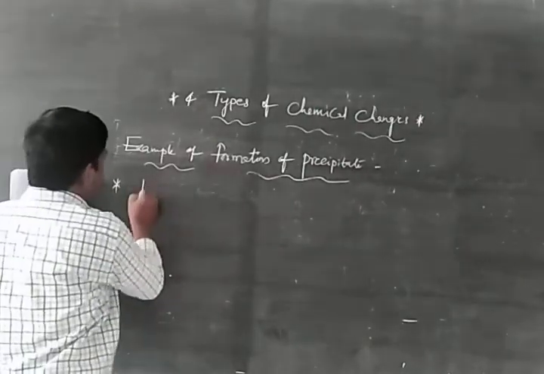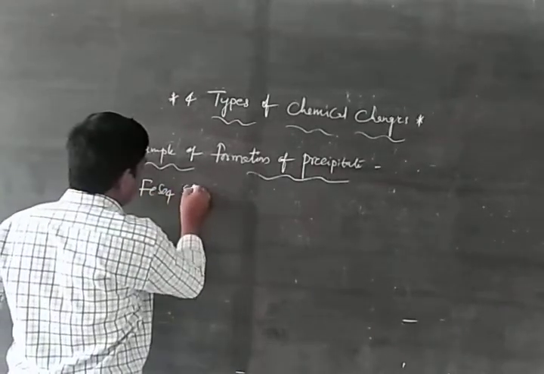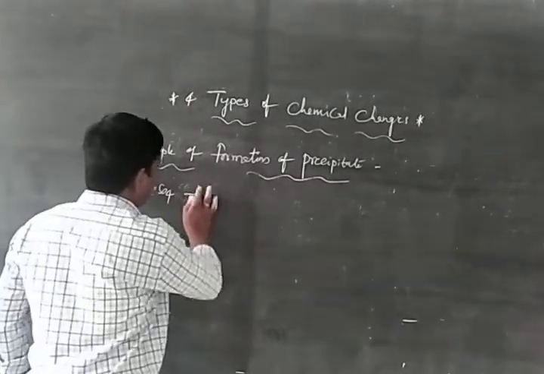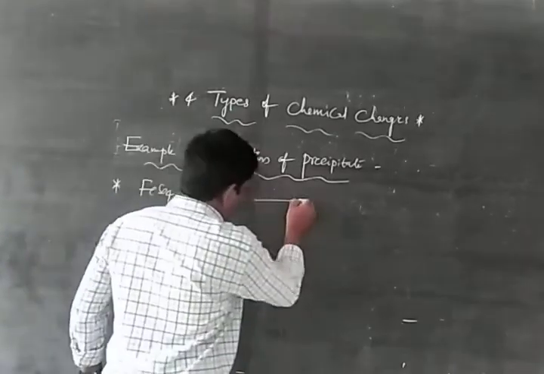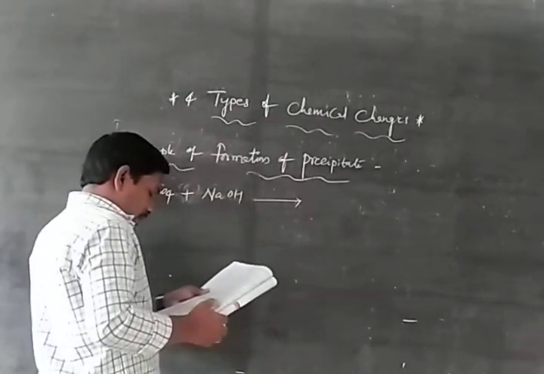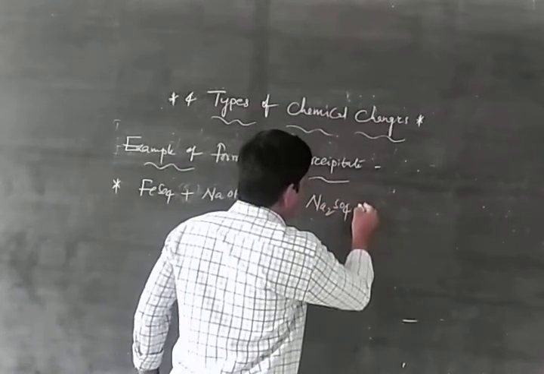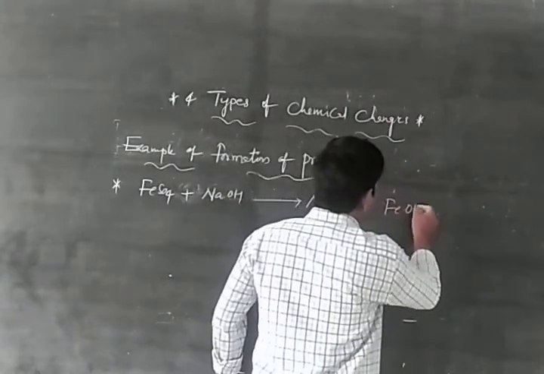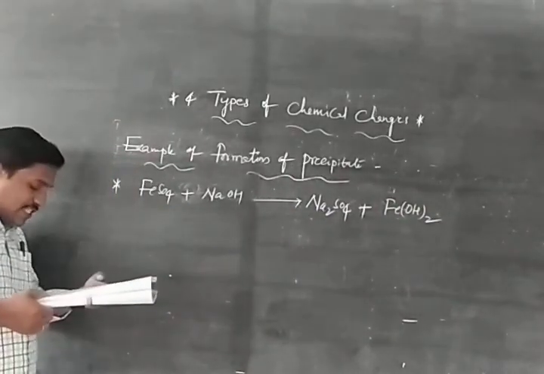Next, FeSO4 solution. FeSO4 plus NaOH gives rise to Na2SO4, sodium sulfate, plus Fe(OH)2. FeSO4 solution, ferrous sulfate.